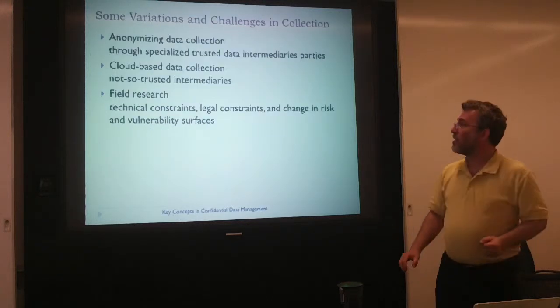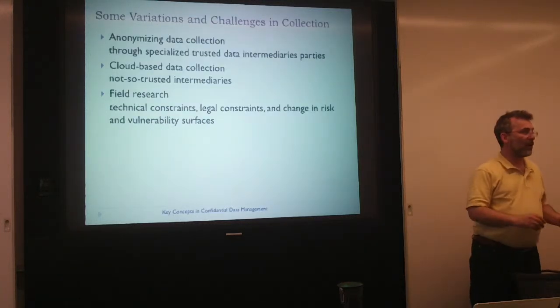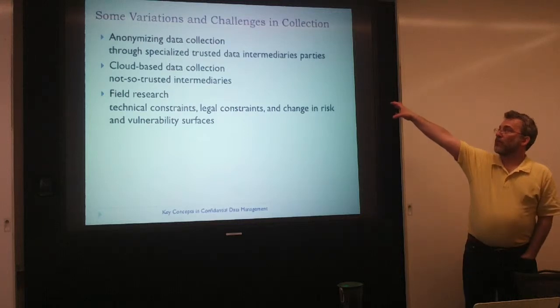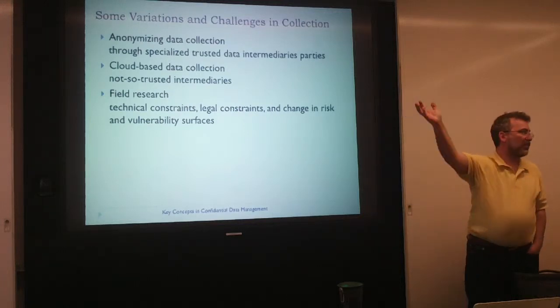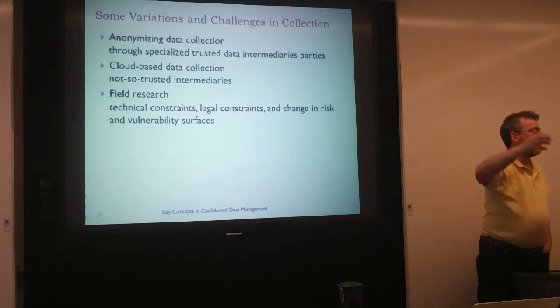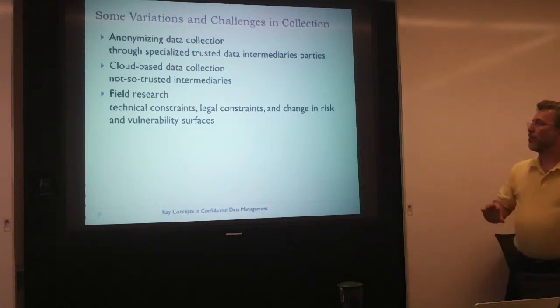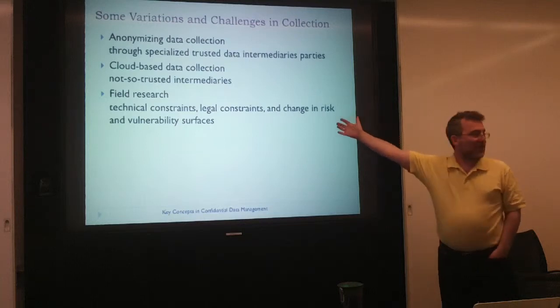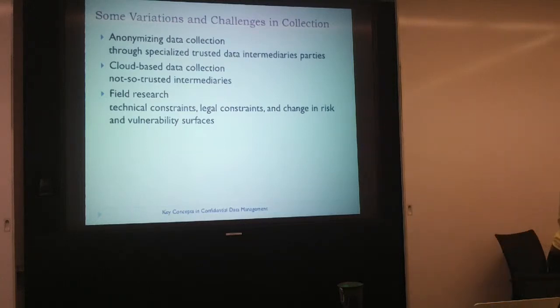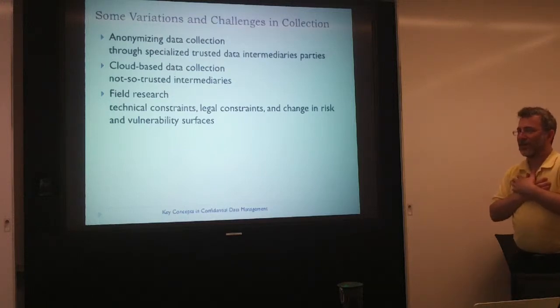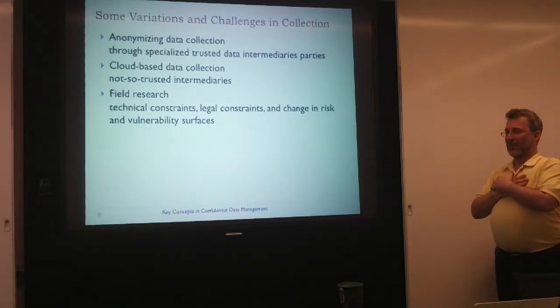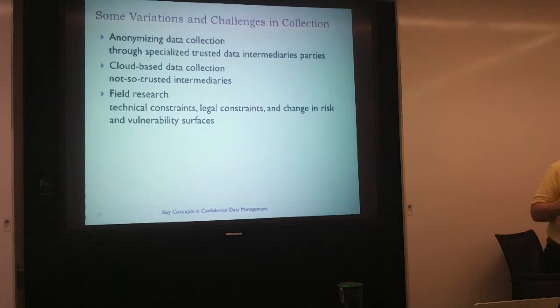And there are some variations in the real world: the ability to use anonymizing data collections, or third parties to collect sensitive information if there's a trusted relationship, so you can prevent information from being transmitted. Or sometimes you have to use not so trusted intermediaries like cloud surveys. You may think that you are not collecting individual IDs, but they're collecting IP numbers and logging this, and it's subpoenable.